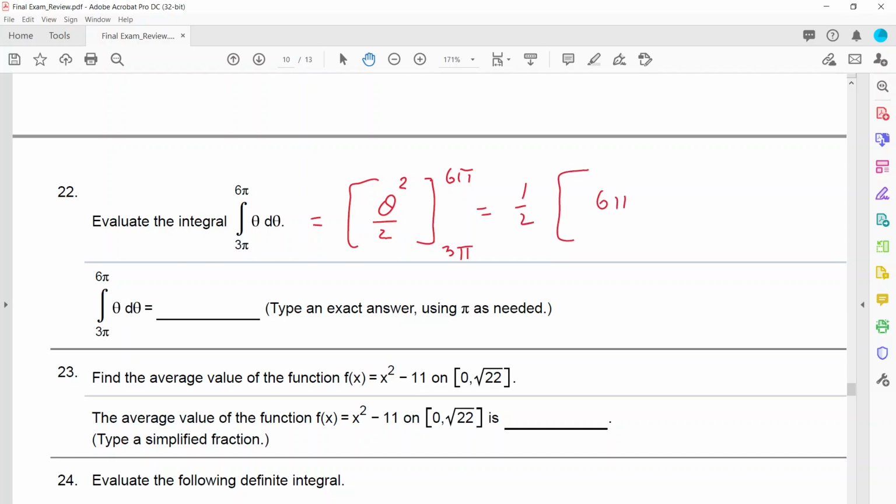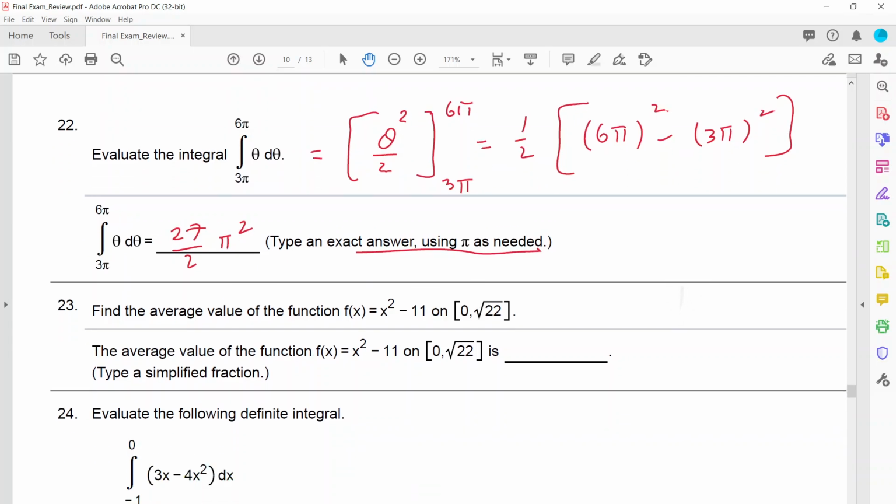Theta squared is 6 pi squared, 3 pi squared. 6 pi squared means 36 pi squared. 3 pi squared means 9 pi squared. So 36 minus 9 is 27. So that would be 27 over 2 pi squared, 27 over 2 pi squared, and they are asking us to give the exact value using pi.